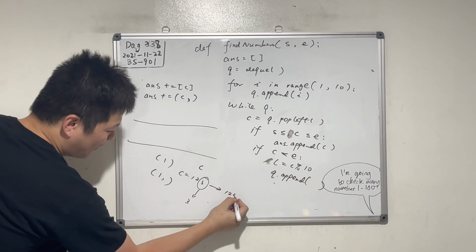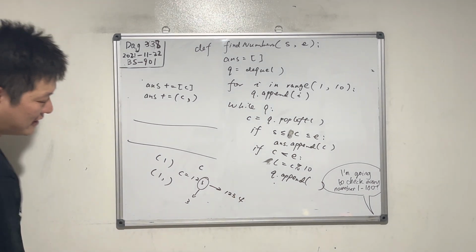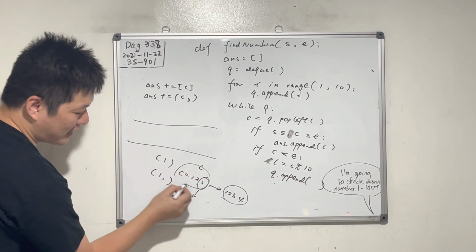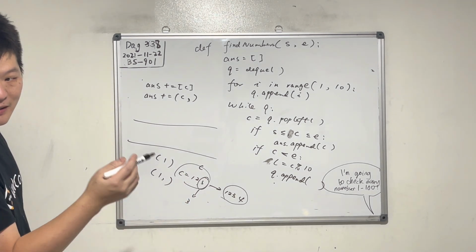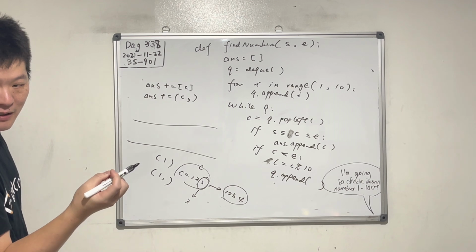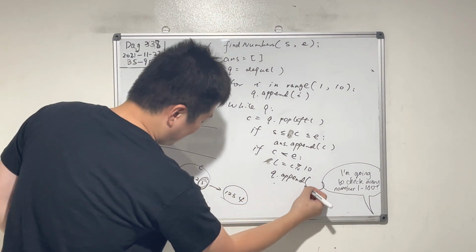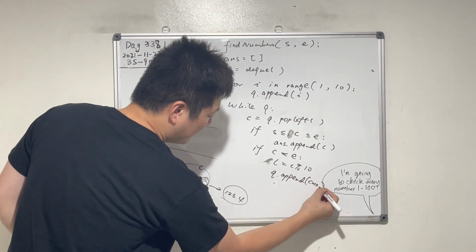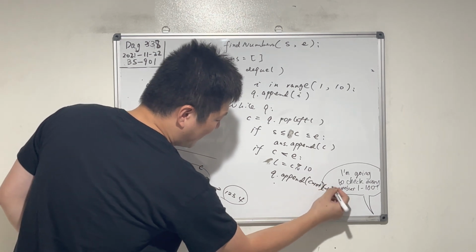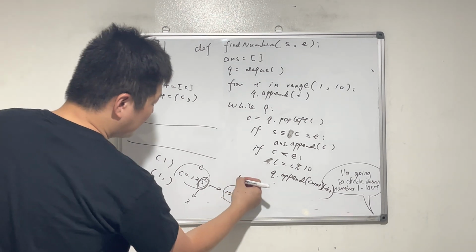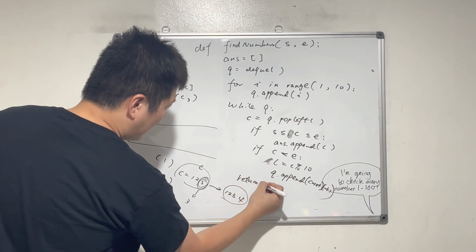It's 1, 2, 3, 4. How can I get this number from this number? I need to multiply this by 10 and plus this number plus 1, right? So this is C times 10 plus L plus 1. And then return answer.